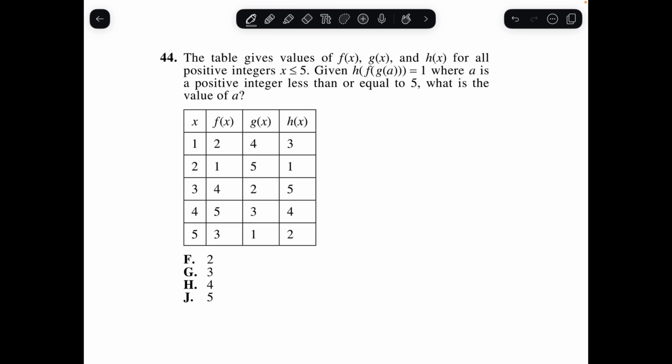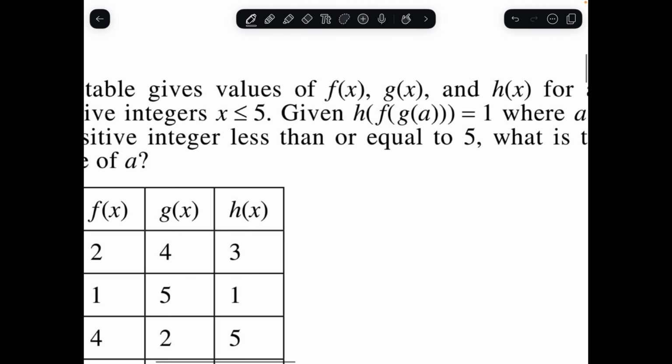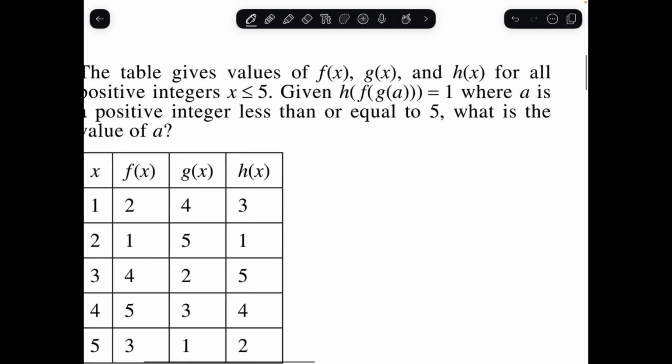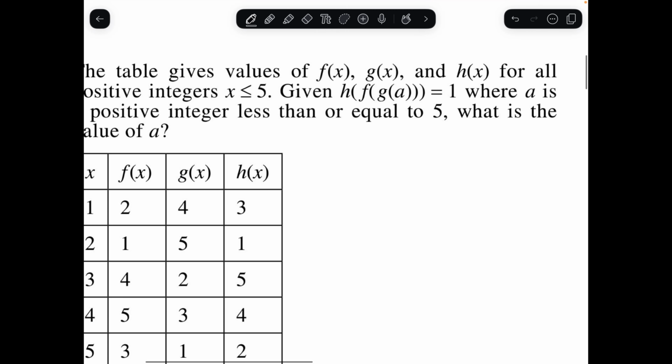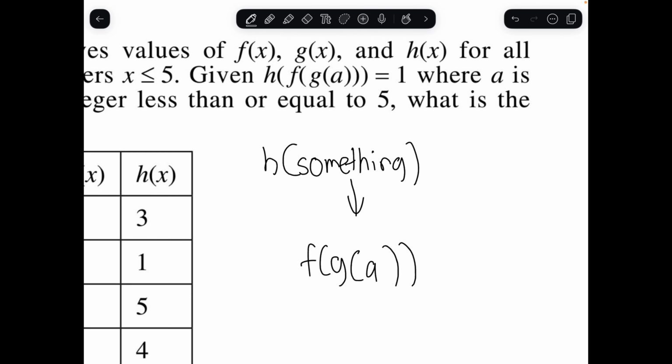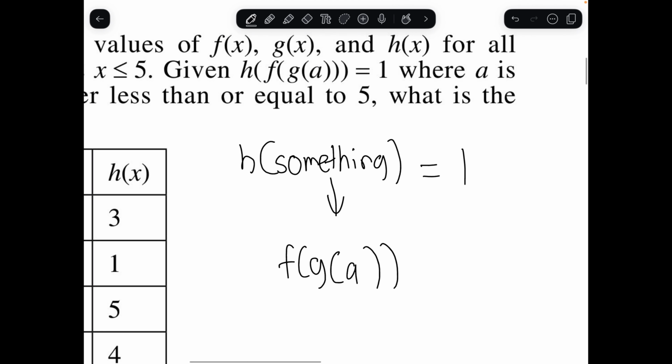So for this problem, what I would do is start from the outside, focusing on just h. We know h of something, and in this case the something is f of g of a, and that equals 1.